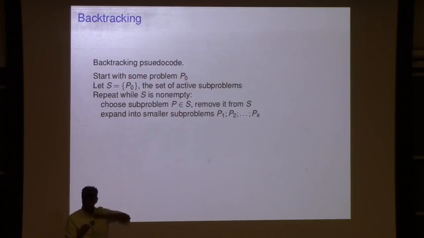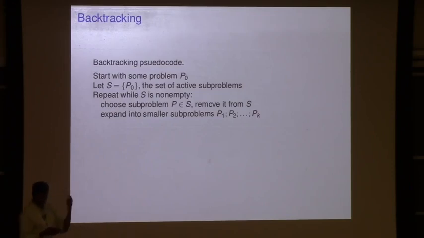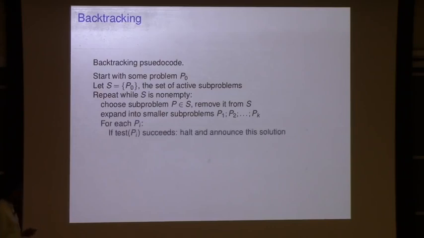Because you set it to true, and therefore not x, if it's x, not x is false, which means one of the other two variables better be true. So you just remove it. And so you have two problems that look very similar to the original problem. And then for each one of the Pi's, you see if you're done, if you already have a solution, which in the SAT formula would be an empty formula. Or it would be an X and an X bar.